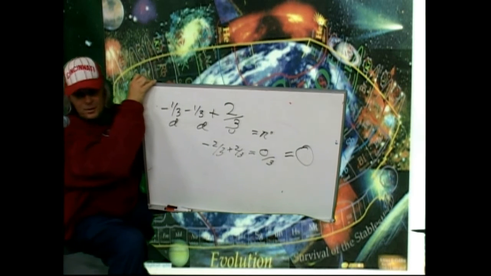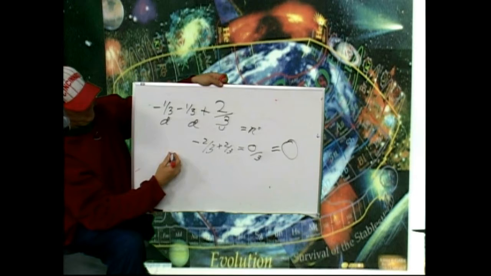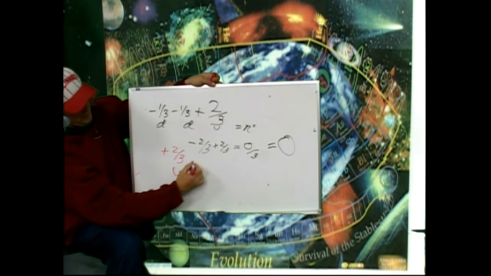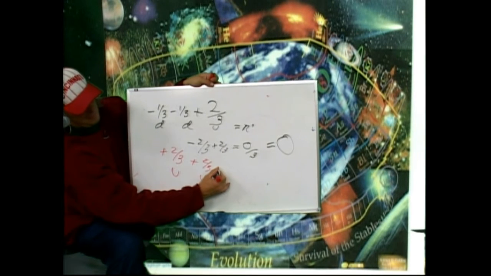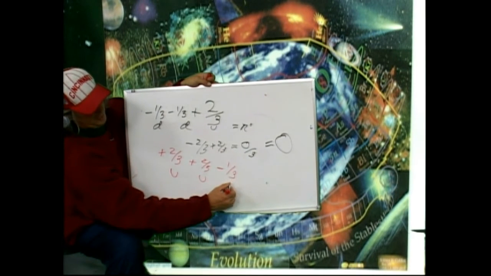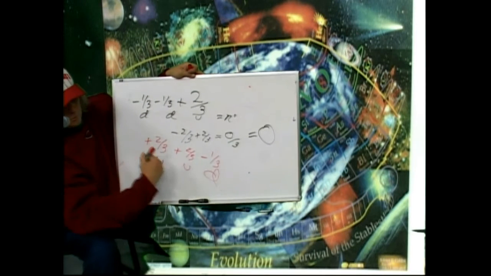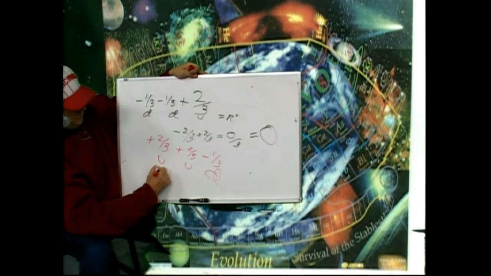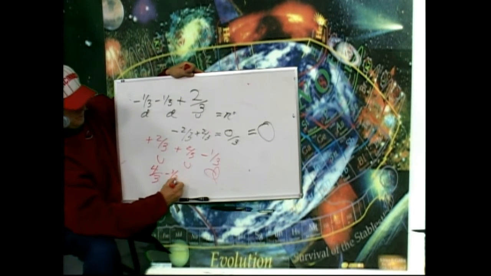The proton now. Remember the up quark. So I like my color coding here. Plus 2/3 is an up. Plus 2/3 is the other up. And then minus 1/3 is the down. So if you write it out, don't be afraid to keep writing stuff out. You got 2/3 plus 2/3 is 4/3 minus 1/3.